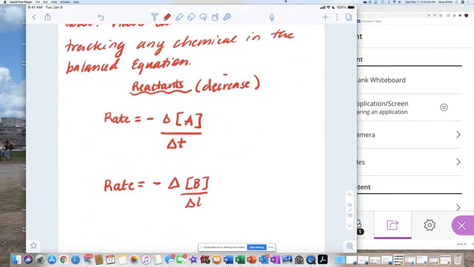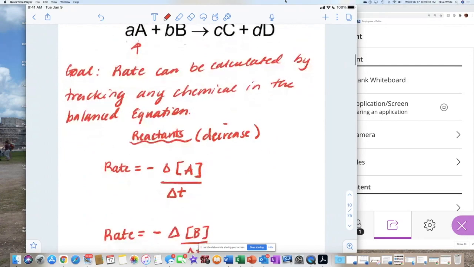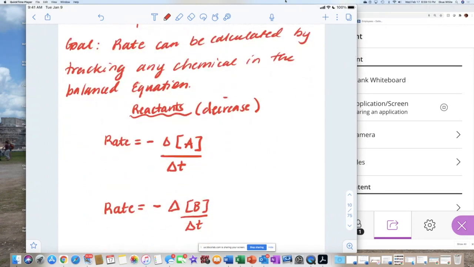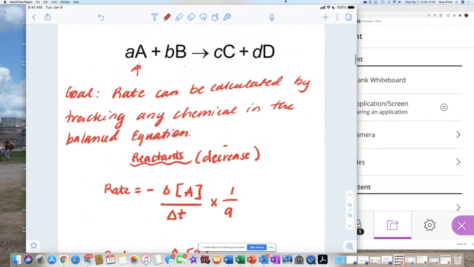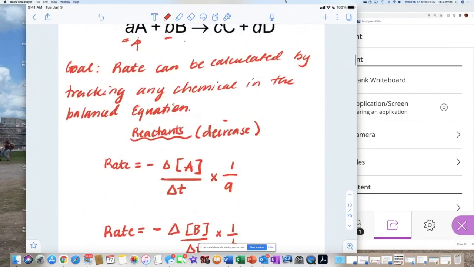over change in time. But if these coefficients are numbers that are not 1, then I have to multiply them here. Okay, so I have to multiply them here. Take this number times 1 over A, the coefficient of this. Here times 1 over B, the coefficient of this.